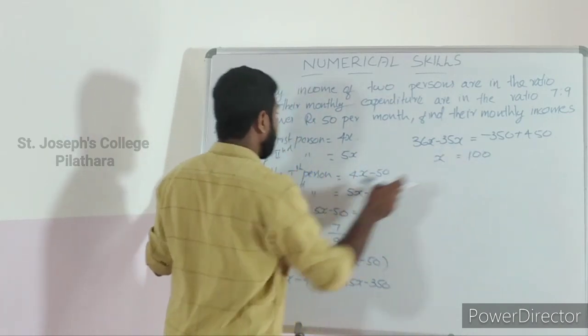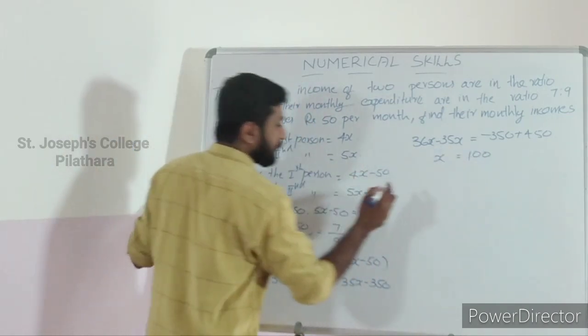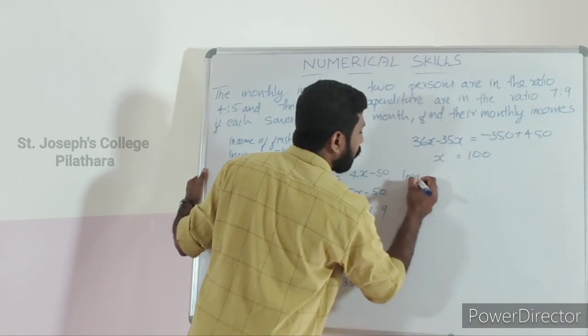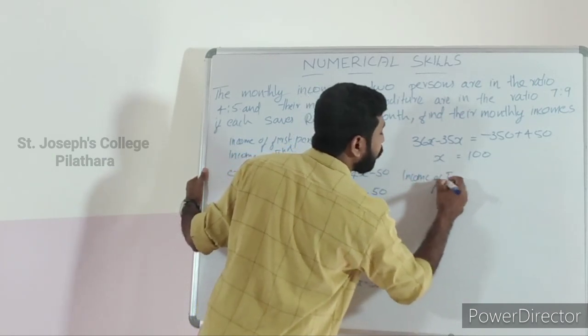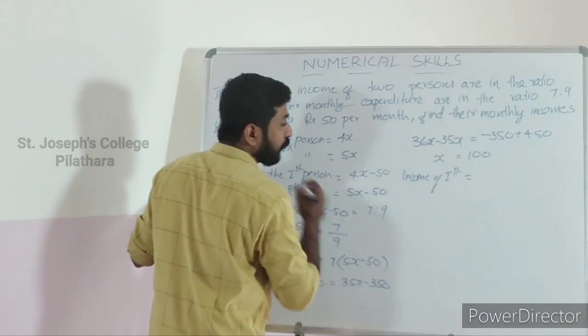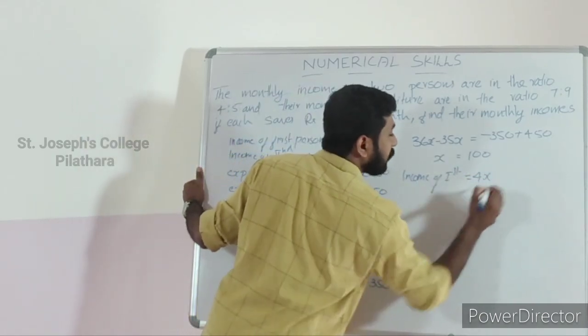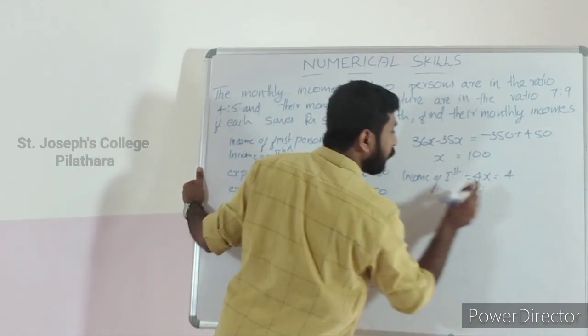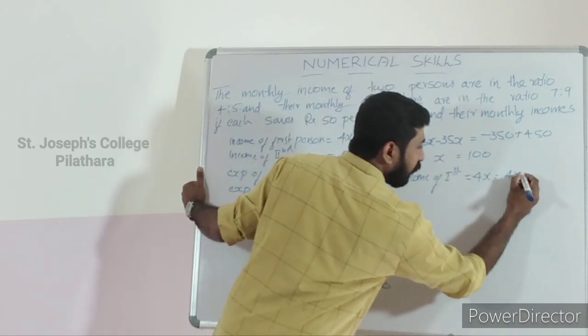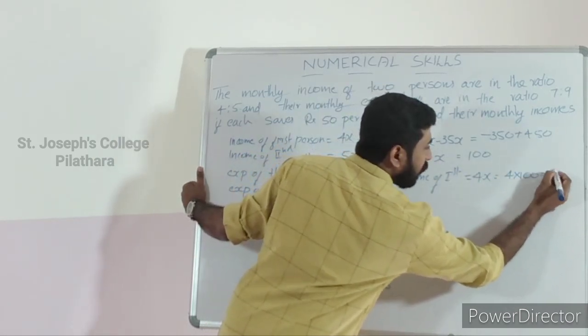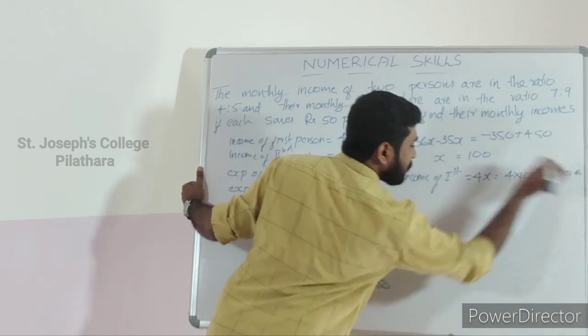We got x here. What is the income of the first person? Income of the first is equal to 4x. Here x is equal to 100, so 4 into 100 is equal to 400 rupees.